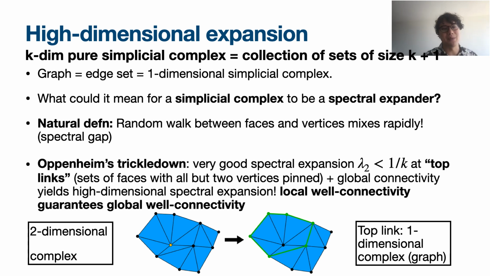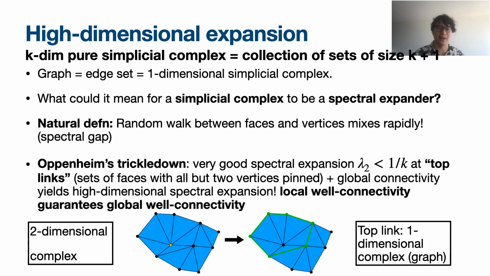Then Oppenheim was able to prove by a clever inductive argument that this means that high-dimensional versions of these walks mix very rapidly. More precisely, the walk that he analyzed corresponds to: you have a face, you drop all but one of the vertices on this face, and then you go back to a face which contains this vertex.